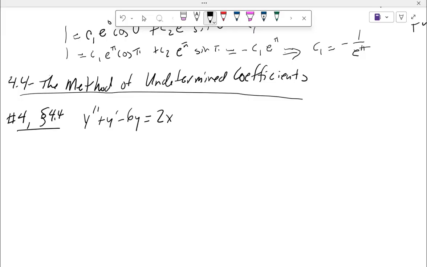It still has constant coefficients. The only thing that we have changed is that now it's not a 0 on the right-hand side. So it's not a homogeneous differential equation. It's a non-homogeneous differential equation. Sometimes we call that function on the right-hand side a forcing function. It forces the problem to do something rather than just have 0, which is kind of an equilibrium state, if you will. All right. So how do we solve it?